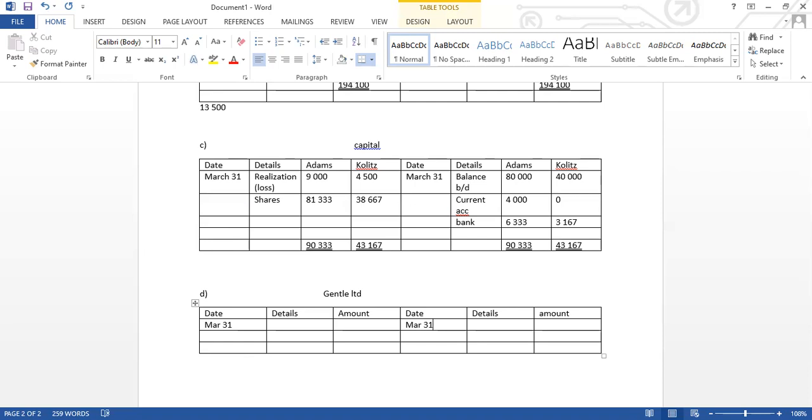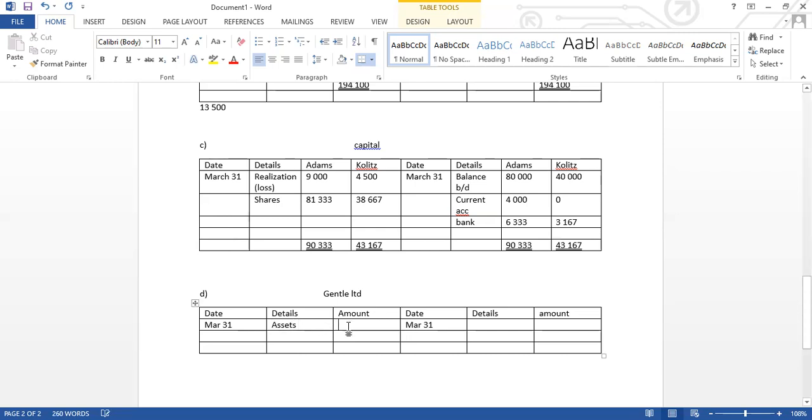The first thing, we sold our assets to Gentle Ltd, so now we'll have assets.